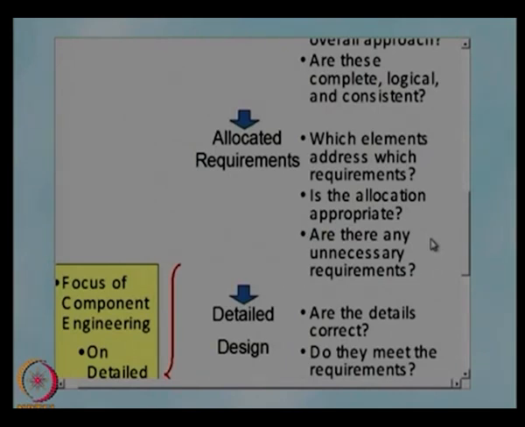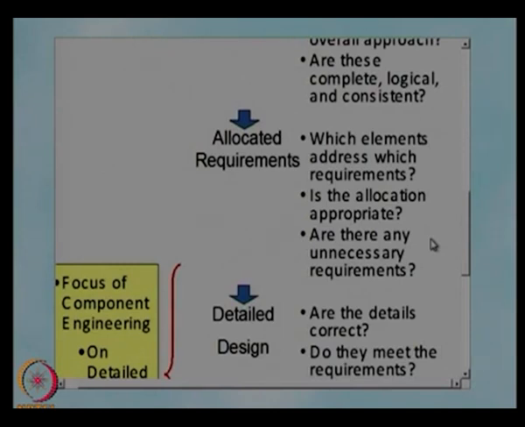Then we see whether the allocation is appropriate, or whether we have done an over-allocation or an under-allocation. This will be analyzed, and we also check for any unnecessary requirements. We have to go through these requirements and see whether all of them are genuine and that there are no unnecessary requirements which warrant additional elements in the system.